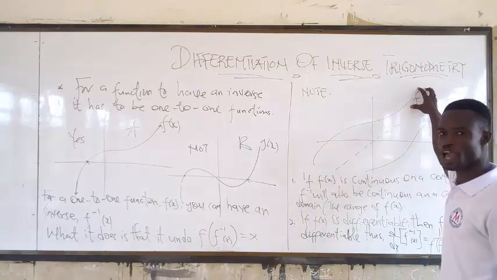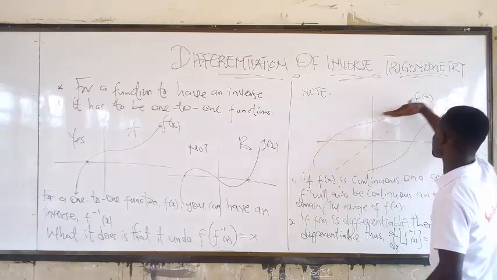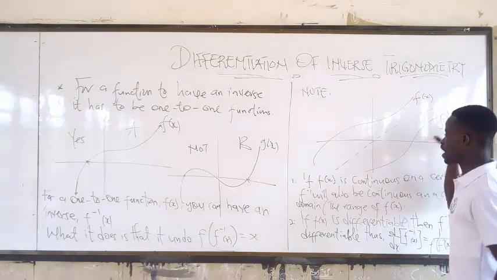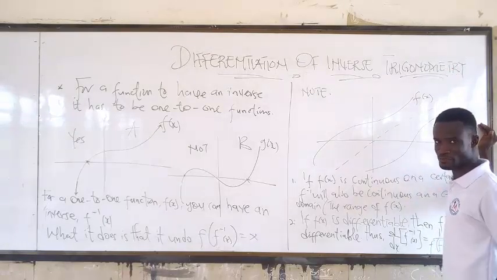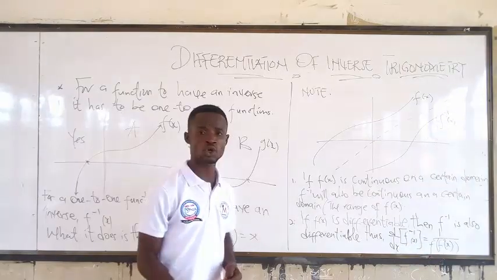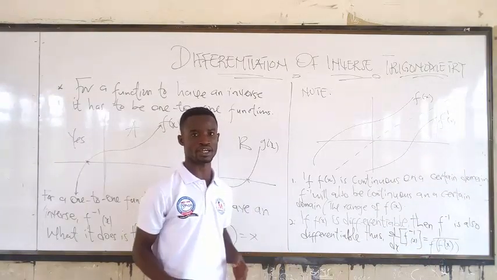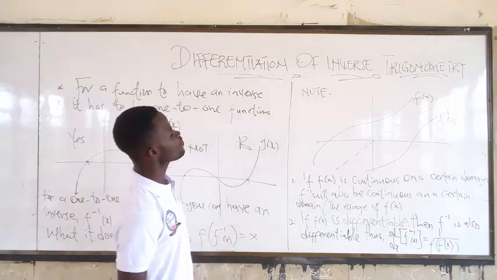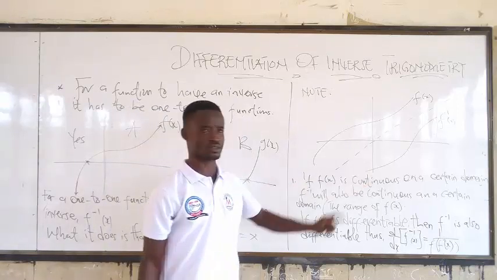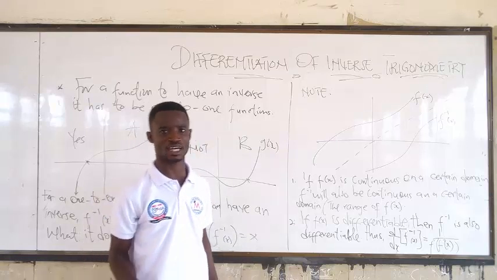Alright. Now let's look at something here. We have the graph of f of x. If the graph of f of x is like this, the inverse will also be like this. Two important things that you should know before we get there. If a function is continuous, I hope you know a continuous function because we have done it.